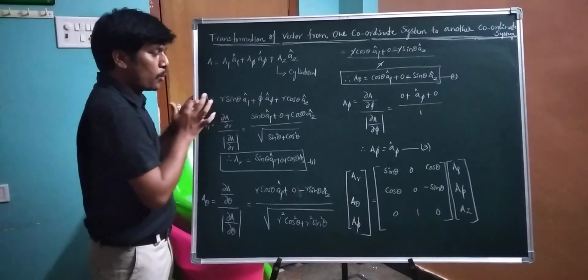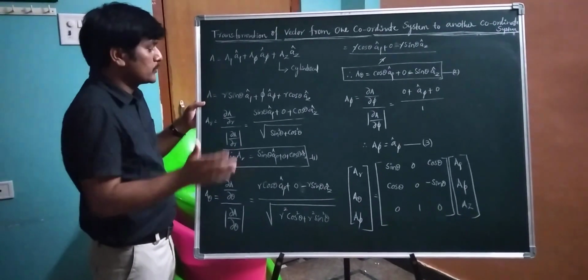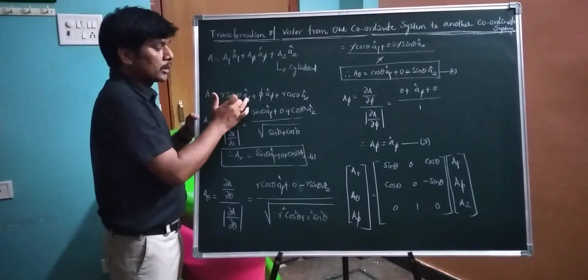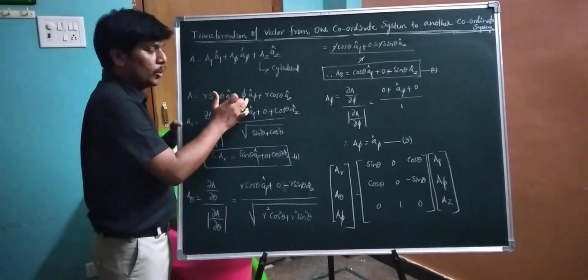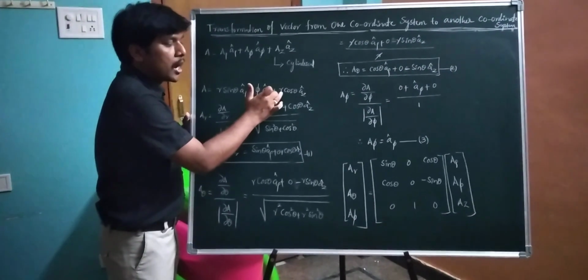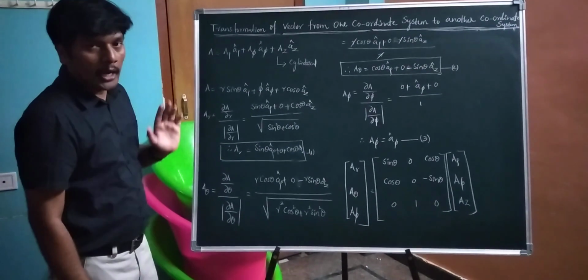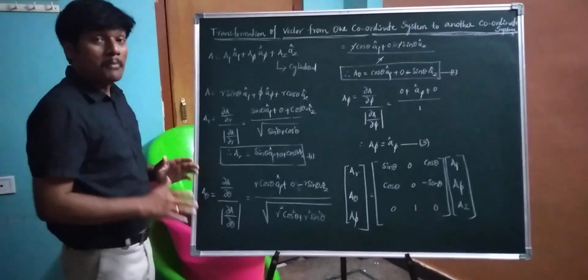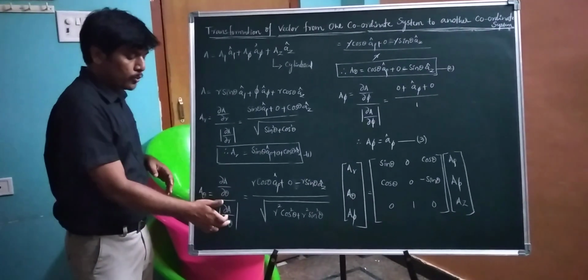So ∂A/∂θ becomes r cos θ a ρ cap plus 0 minus r sin θ a z cap, divided by the magnitude of ∂A/∂θ.